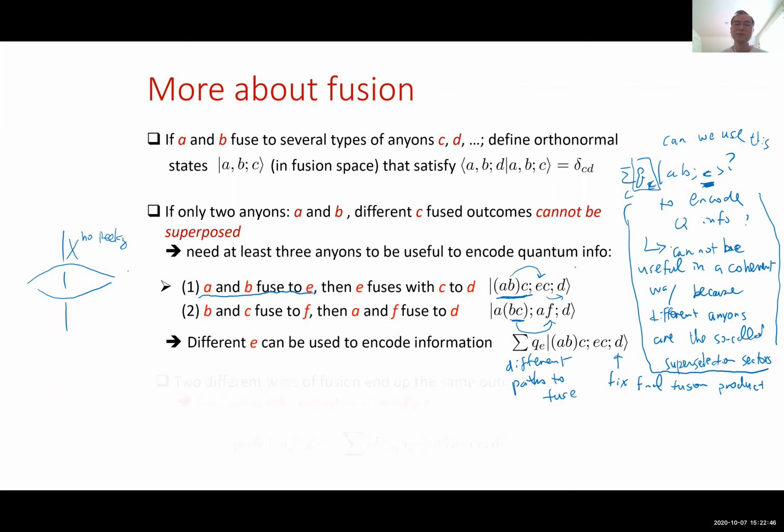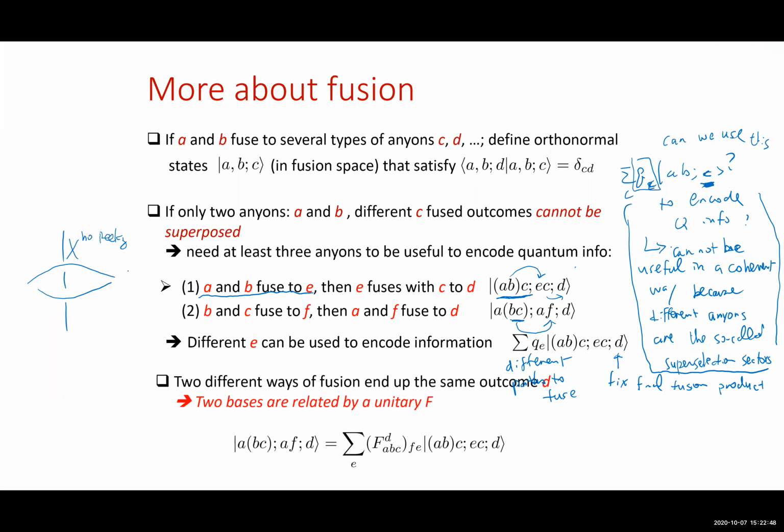Okay. I'm sorry, but what is fusion? Fusion is you take a particle and then you sort of collide them together and you see what particle comes out. So you did nothing. You put them together, they may be far away. You try to move them closer and closer.